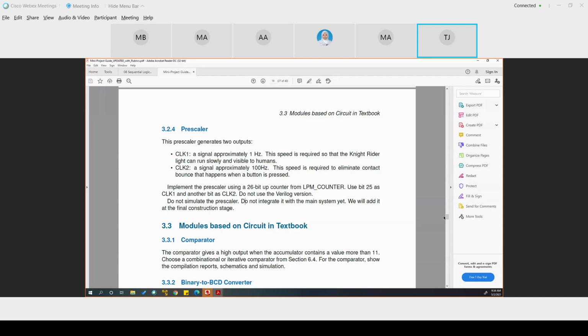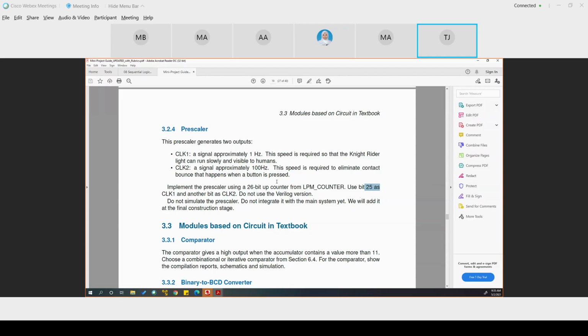I did it like that because the most LSB bit we got is 50 hertz, synchronous with the system clock, and then the upper bit is 25 million hertz divided by 2, and then I picked the 19th bit, which is almost 95 hertz, close to 100 hertz.